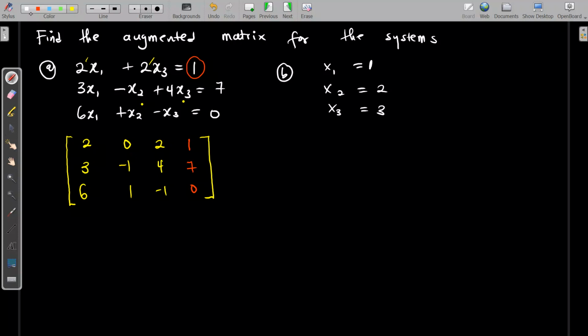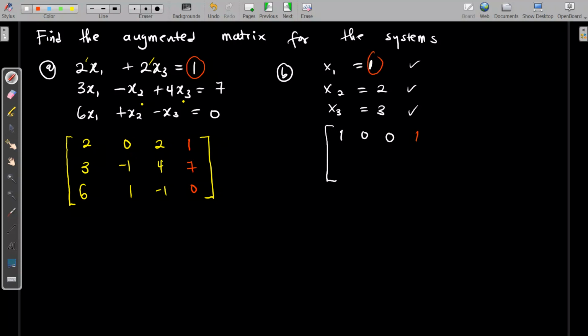Now look at the second system. I have 3 equations, and in each equation I look for the numbers in front of each variable. In equation 1, I have 1 in front of x1, 0 in front of x2 since there's no x2 there, 0 in front of x3, and then the last part is 1.